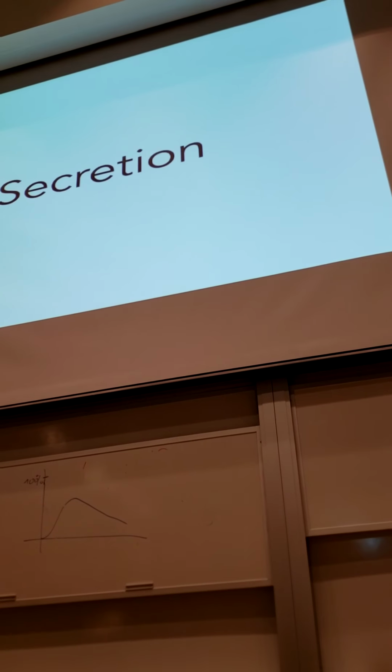The two major things you should be aware of that we secrete are hydrogen ions and potassium. These are two things we fine-tune, and it tends to be at the end of the nephron, so the collecting duct and the distal tubule, mostly. Okay.